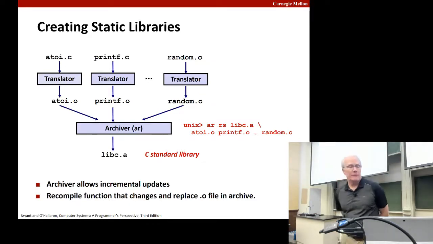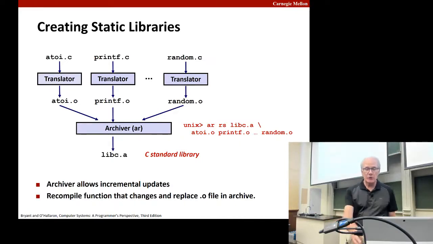The library files are in an archive format called .a, and you can call a program called ar, for archiver, and create your own library code. Imagine you were creating the file for the C library called libc. You can archive them all together and create a big .a file.